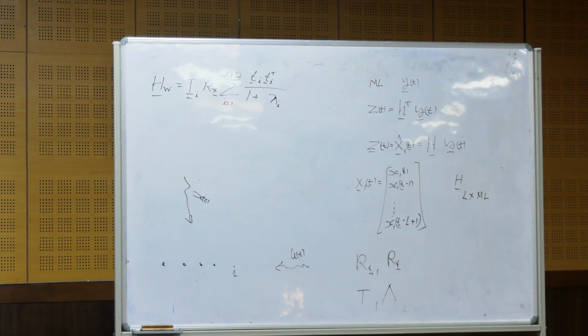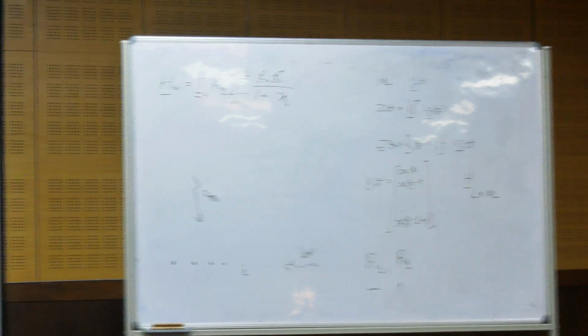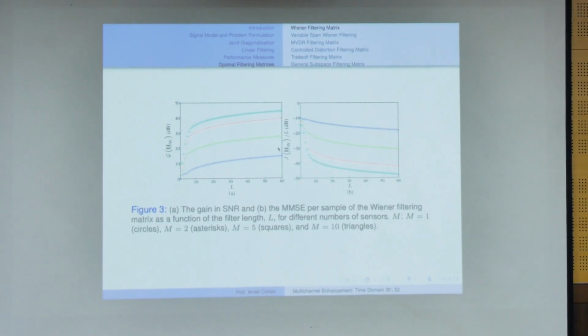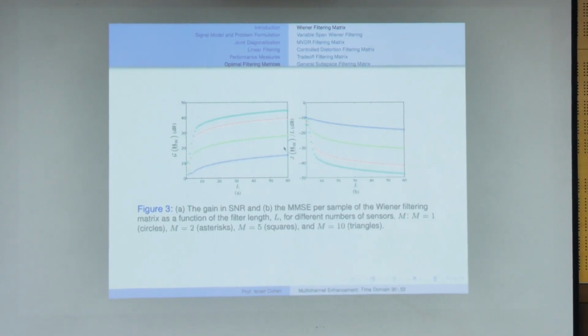Okay, so let's see how the Wiener filtering matrix performs as a function of L and the number of sensors.